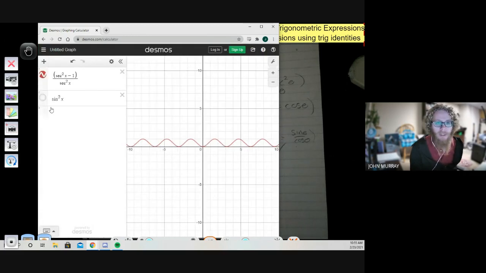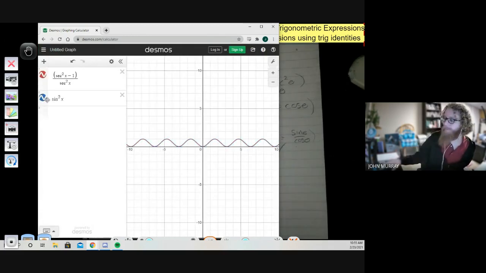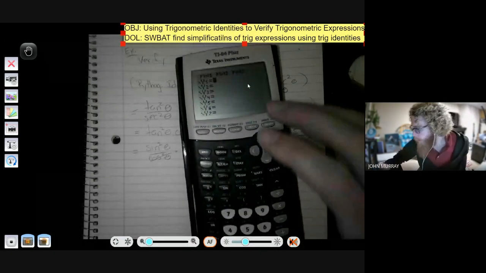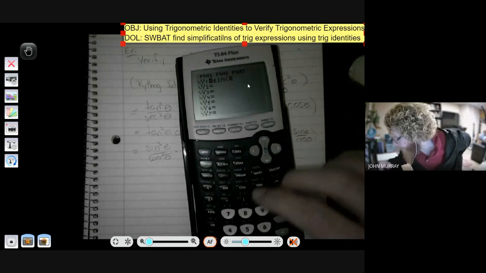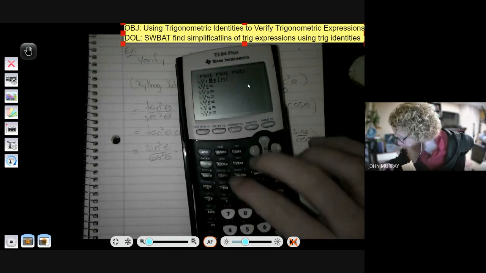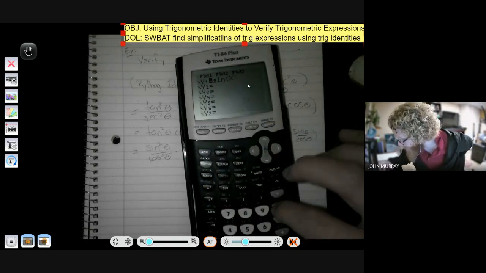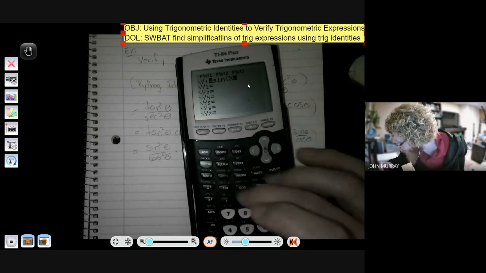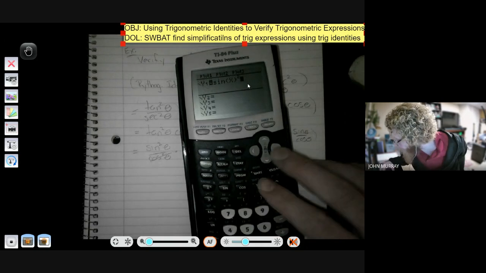The other way you can do it is you can look at the table, right? I'll just do something simple here. So if you had sine of x squared, so I'm going to use a basic Pythagorean theorem, sine of x squared.